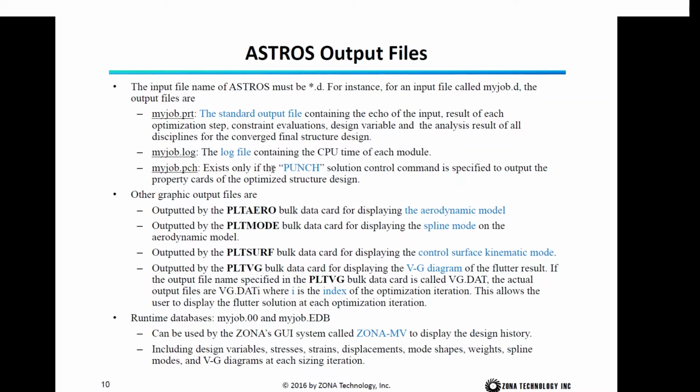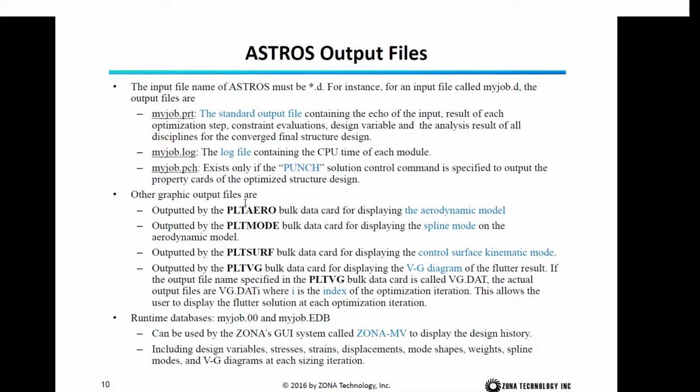If you specify punch in the solution control command, after ASTROS finds the optimized structure, it will punch out the property cards of the optimized structure, like PCOMP card and so on. Also you can output graphic output files.